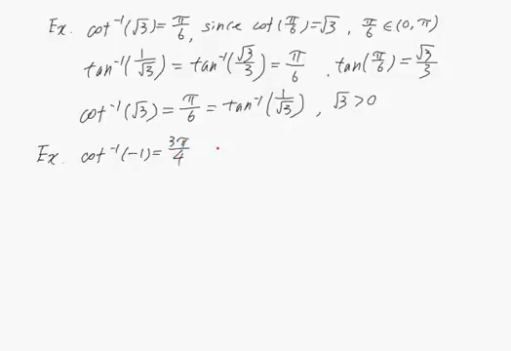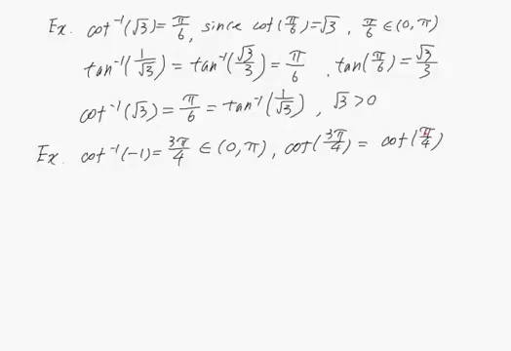Because 3 pi over 4 belongs to the range of the inverse cotangent, which is the open interval from 0 to pi, right? And also, the cotangent of 3 pi over 4 is equal to the cotangent of pi over 4 up to a sign, right?